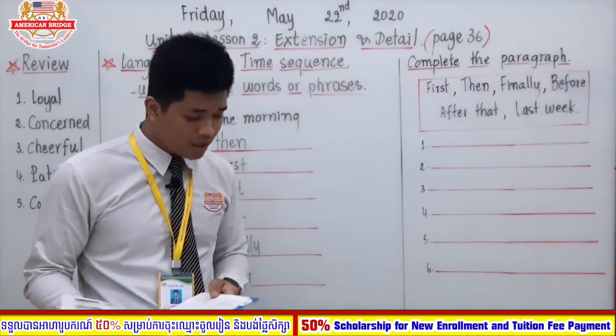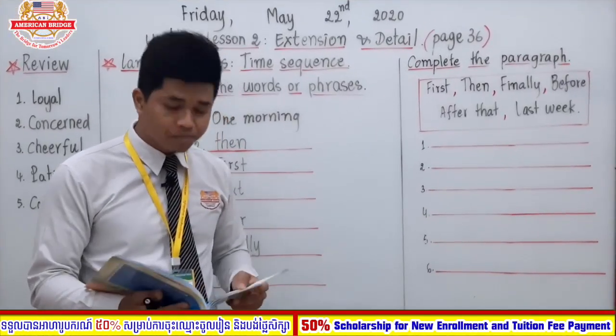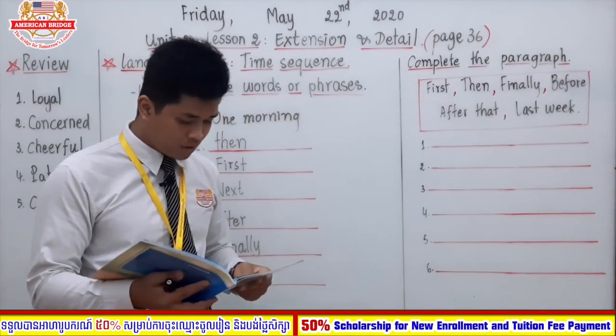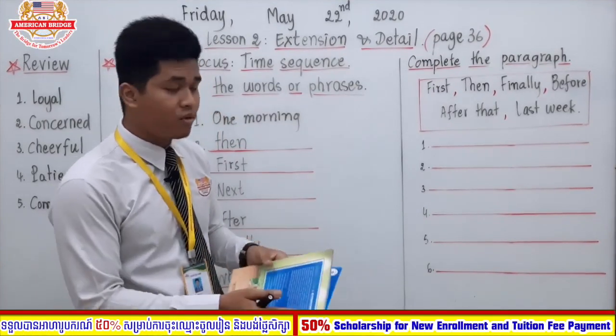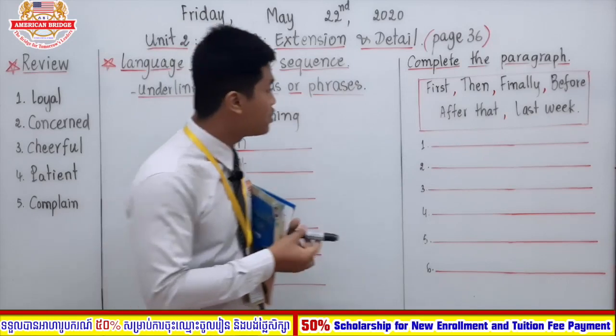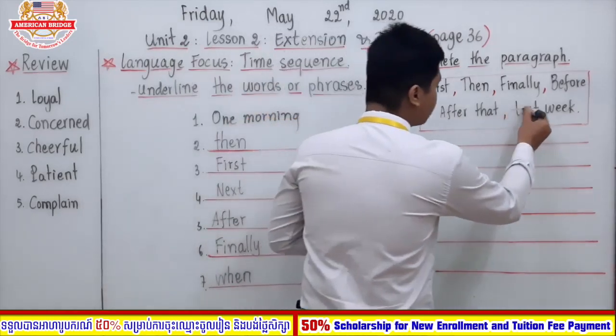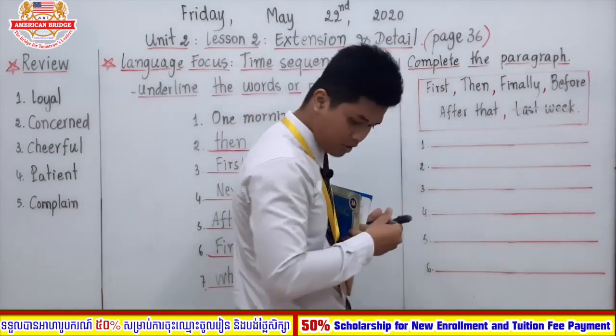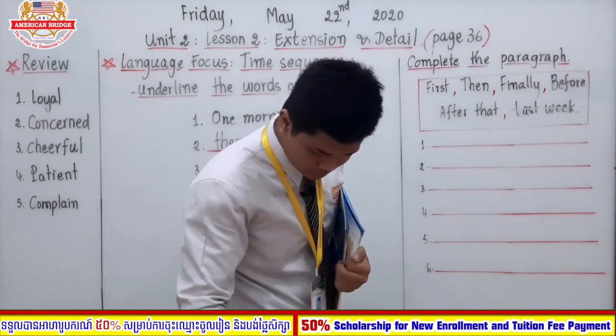Very good. Now everyone, let's start the exercise all together. So the first one, last week. Okay, you have the word last week. They have done this for you. Sorry, let me change the marker.